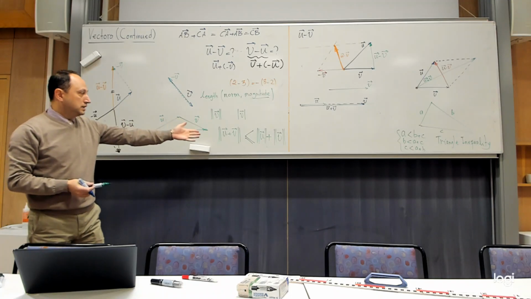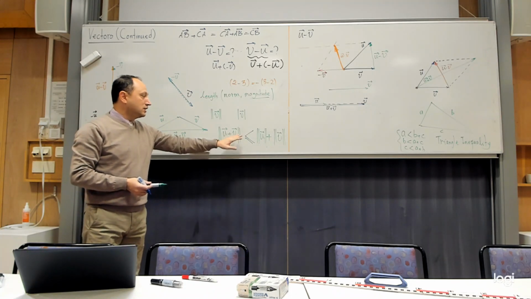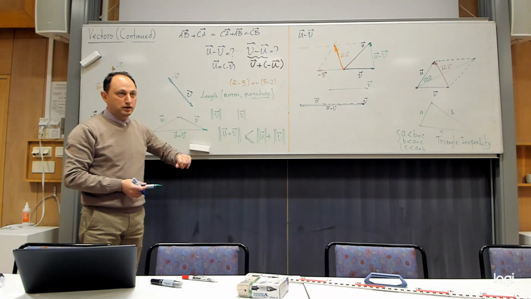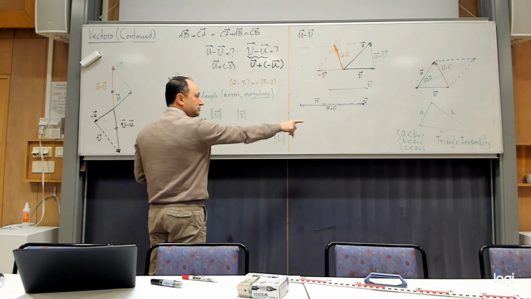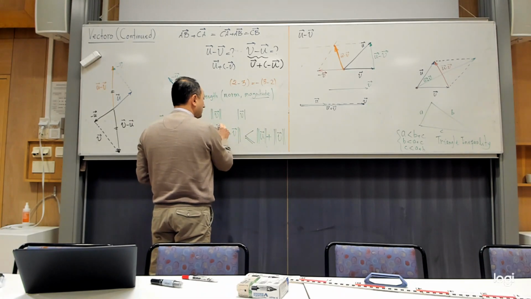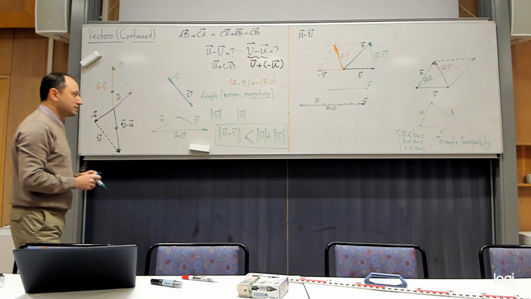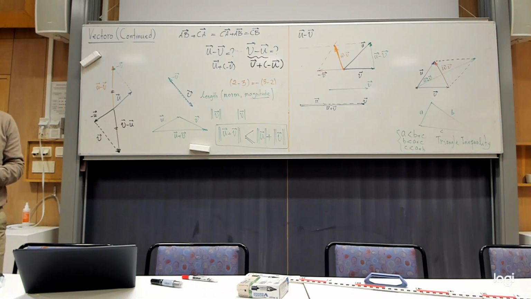But equality is not something that we can rely on unless we have some extra information. This is called the triangle inequality for vectors. So be careful, don't get confused. The length of the sum is not the sum of the lengths in general. Yes?